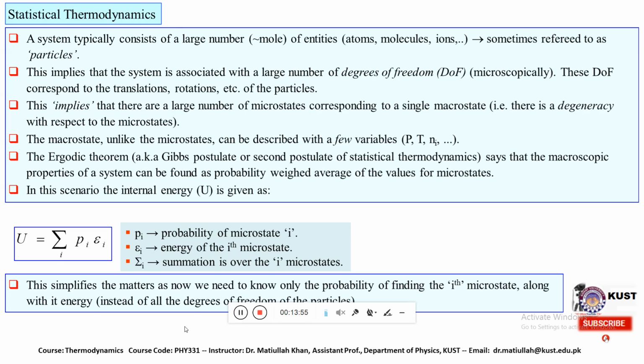The macrostate, unlike the microstates, can be described with a few variables.